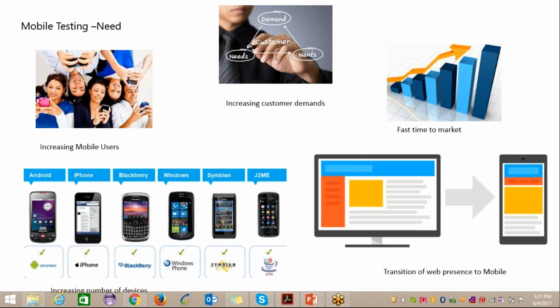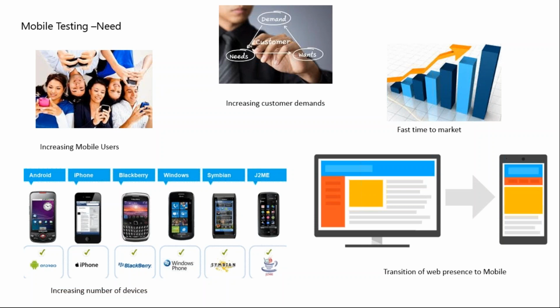So if you have to achieve the coverage, then you have to have all this set of devices. And the next picture represents the transition from web, which we already talked about. As I mentioned, a lot of enterprise applications are now moving to mobile. So this is the reason why we have to really get into mobile testing now, and this is the need of the market.